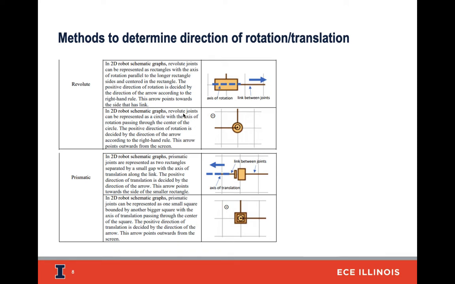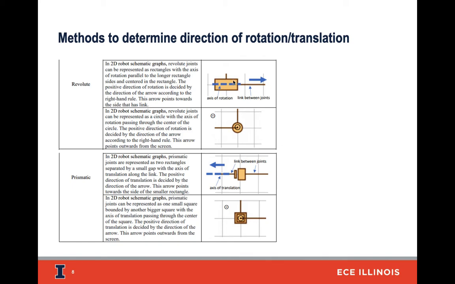Next, we will discuss some methods to determine the direction of the rotation or the translation. First, the revolute joint. The symbol of the revolute joint in our problems is a rectangle or a circle right here.